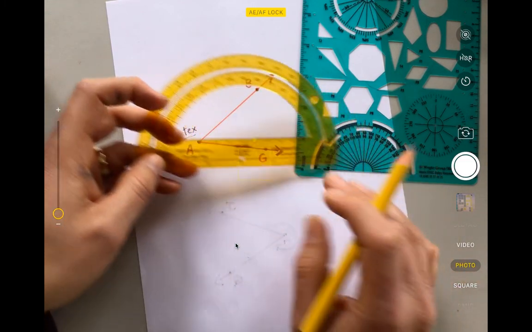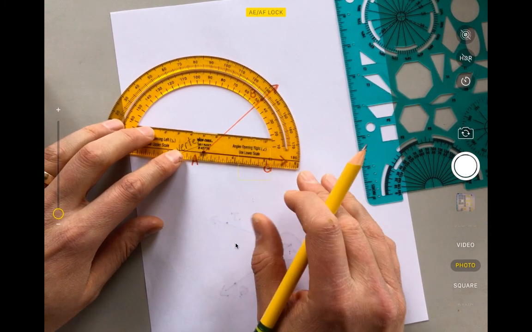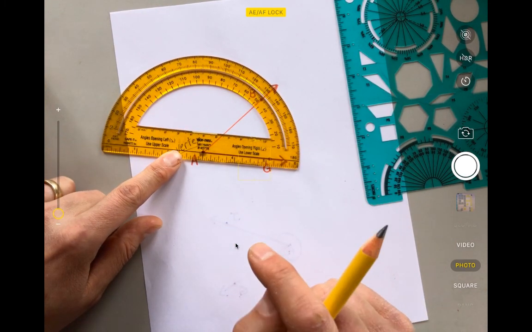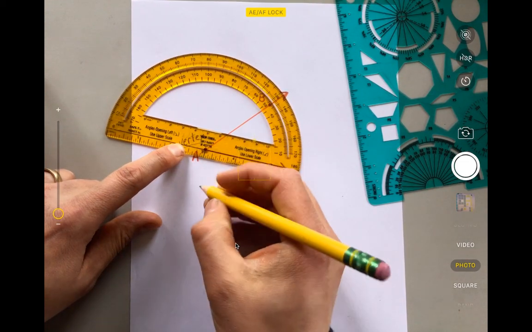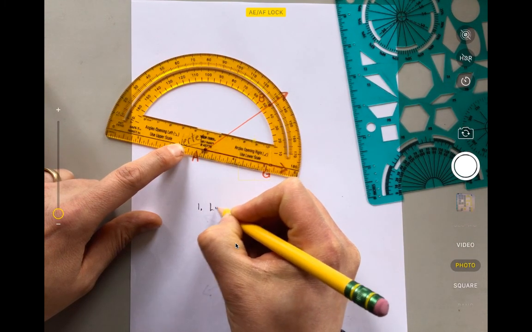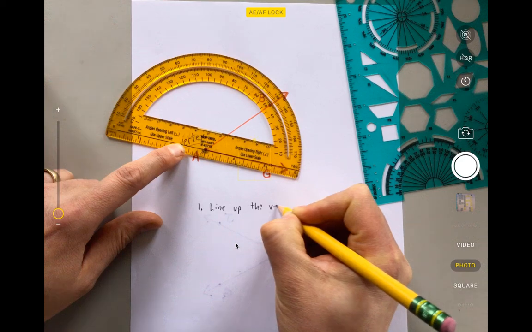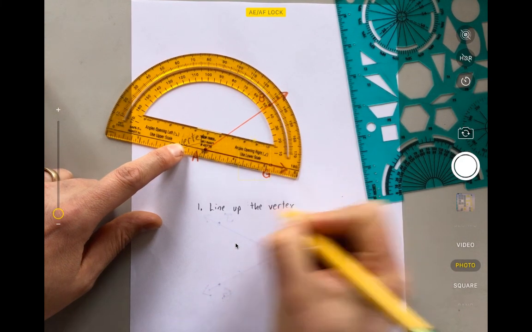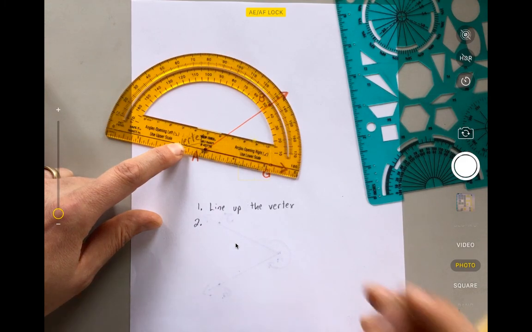It's a nice little point that we can line up right there on that point. Now, the second step after lining up the vertex. So step 1, line up the vertex. Step 2 is to line up a 0 point.